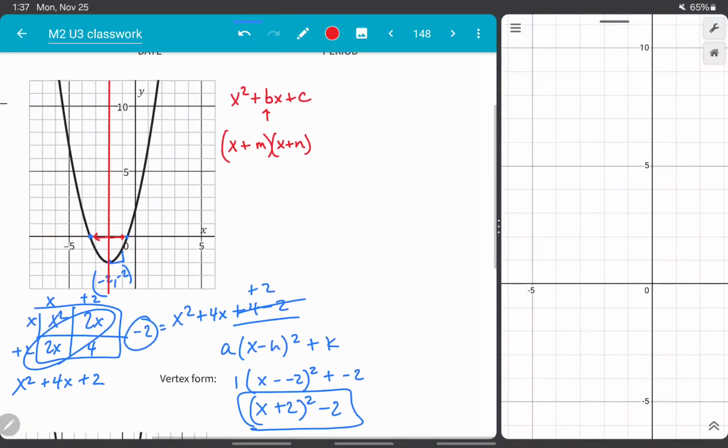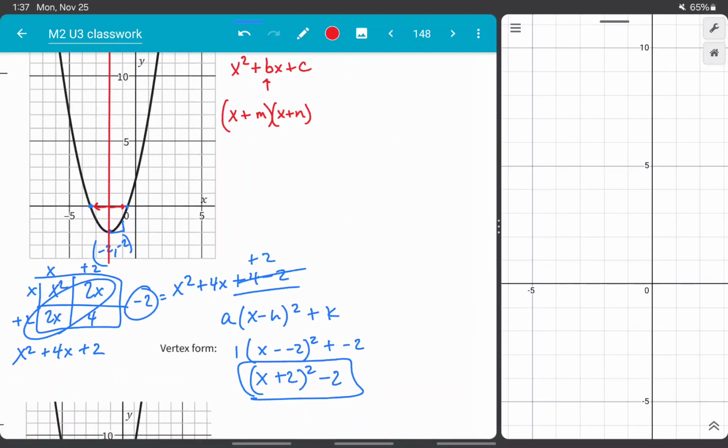So what I'm going to do here is pick the middle number, b divided by 2, and go both directions. So I'm going to do 4 plus some unknown number, and 4 minus an unknown number.